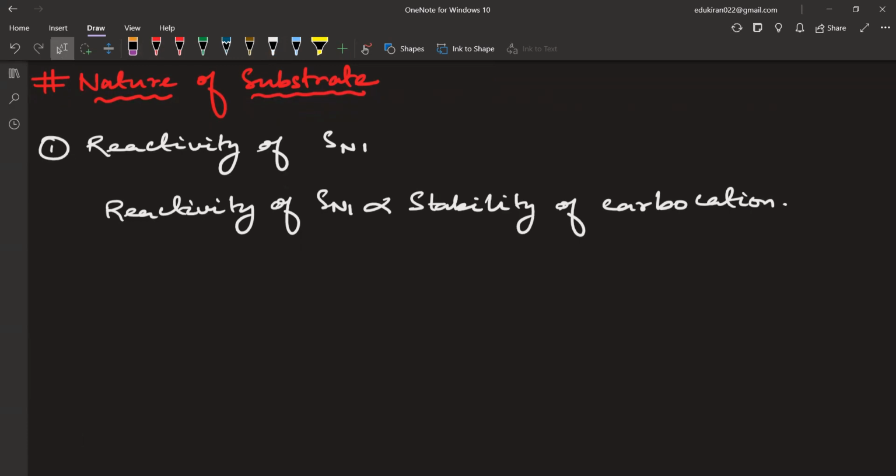For example, if you have been given these molecules, please don't write now, just see. You have been asked to place them in the increasing order of rate of SN1.